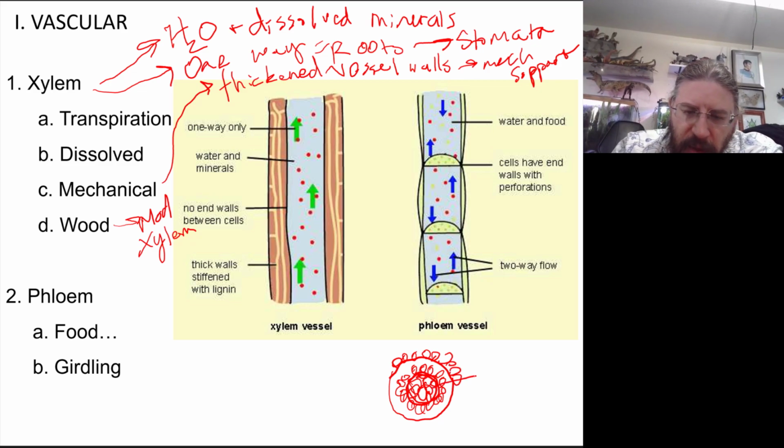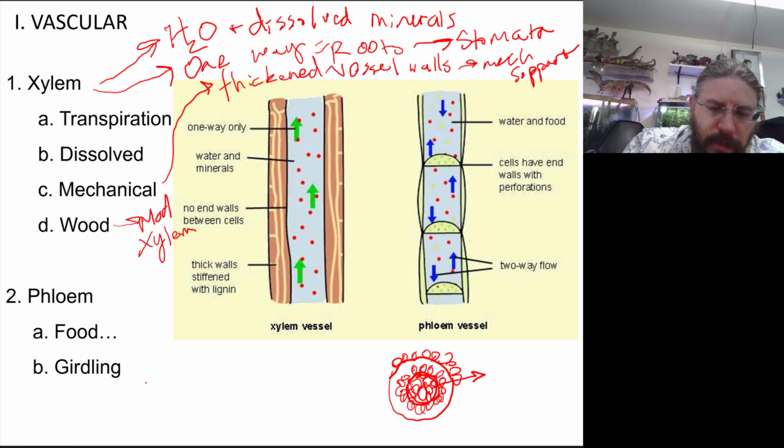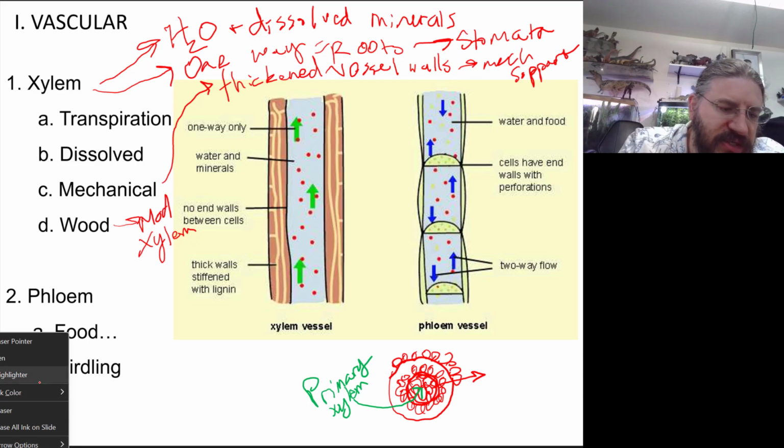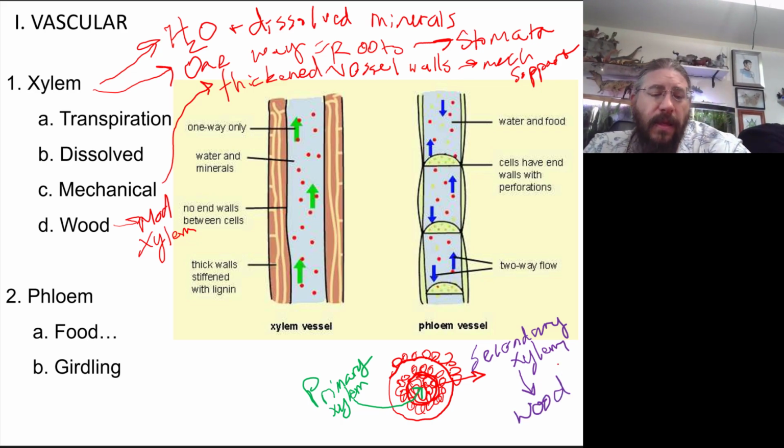We are growing horizontally outward. So this is our center. Our center is primary xylem, and our secondary xylem is growing out from there. And the secondary xylem growth is what gets us our wood, which is pretty cool.